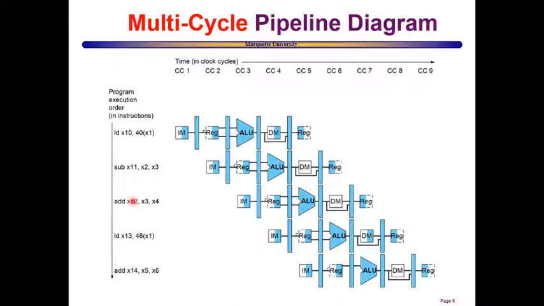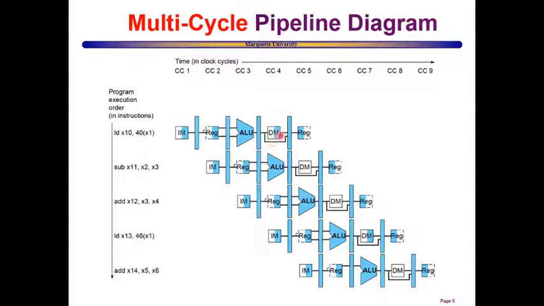For example, the first instruction, the load instruction, goes through reading from the instruction memory in the first clock cycle. It undergoes reading from the registers in the second clock cycle, and then it undergoes the ALU pipeline stage in the third clock cycle.